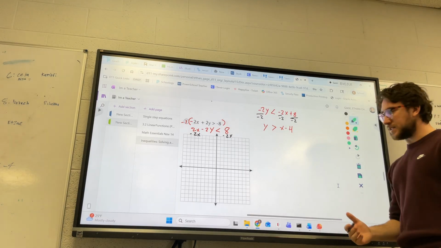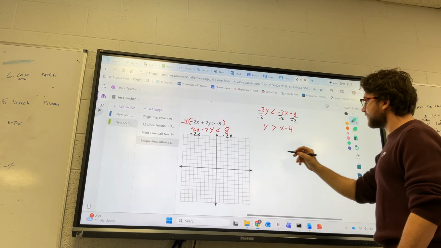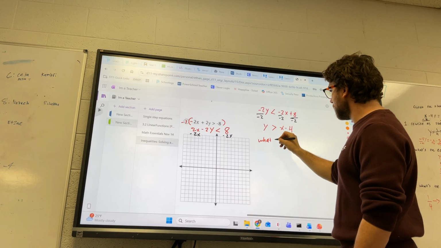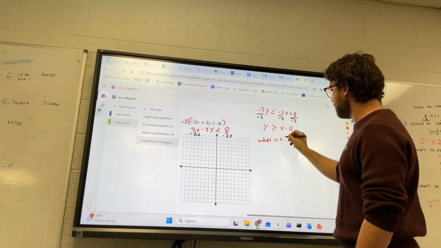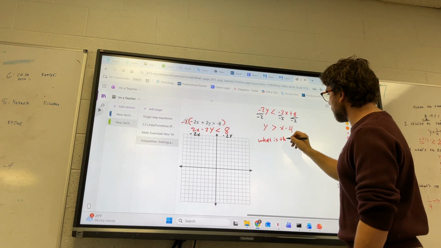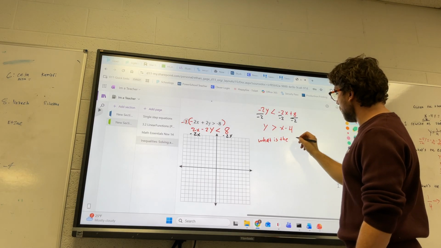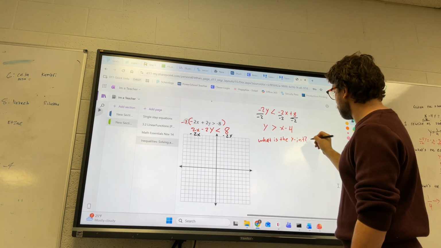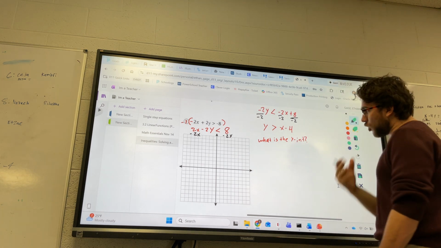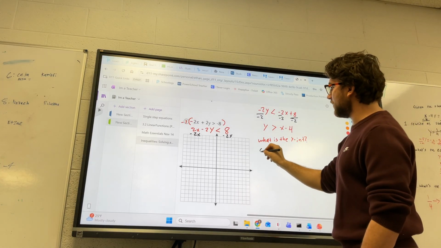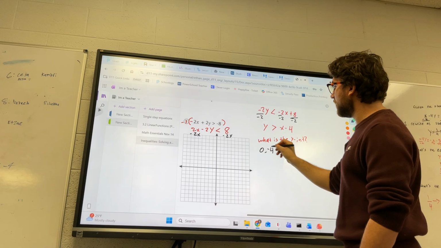From here we will do our steps, our 4 questions. What is the y-intercept? As a coordinate, negative 4, so we have 0, comma, negative 4.